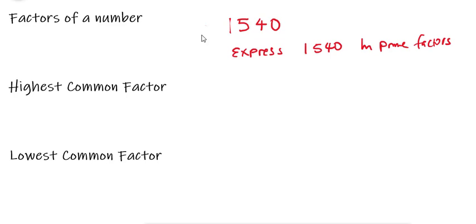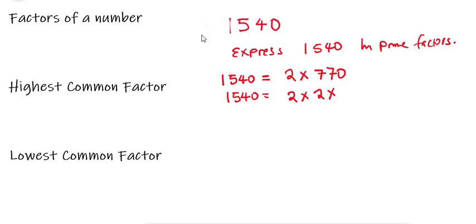Firstly, this 1540, if I divide it by 2, I'm going to get 2 times 770. And then if I divide 770 by 2, 1540 will be equal to 2 times 2 times 385.